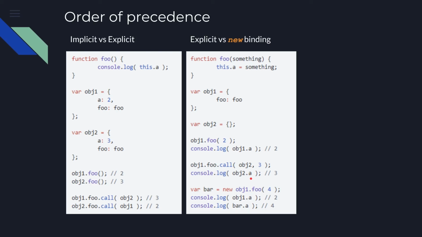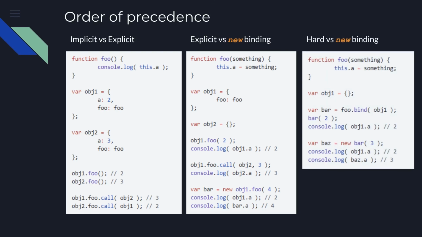But for new binding, we take our obj1.foo, use it with new binding, and give it an argument 4, which constructs a new object and returns this new object. The thing is that this statement does not touch our object1 at all. Object1 still has a property equal to 2, but this creates a new object, and the new object has a property equal to 4.